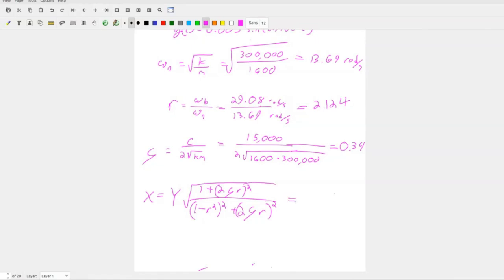Put a bunch of values into that, which we don't really need to do, and I get 0.0023 meters.